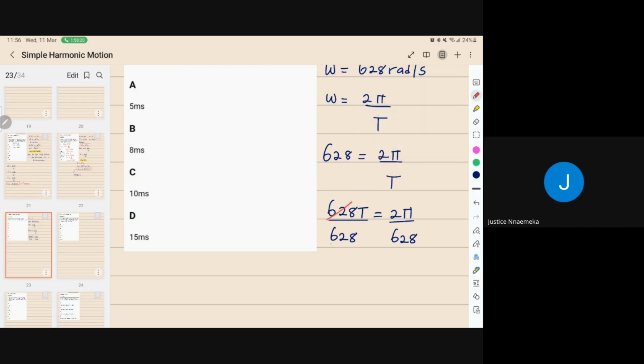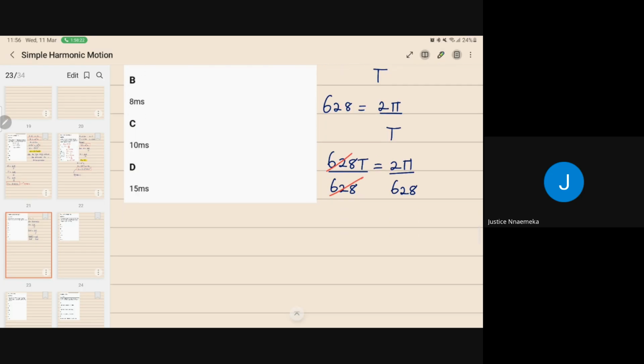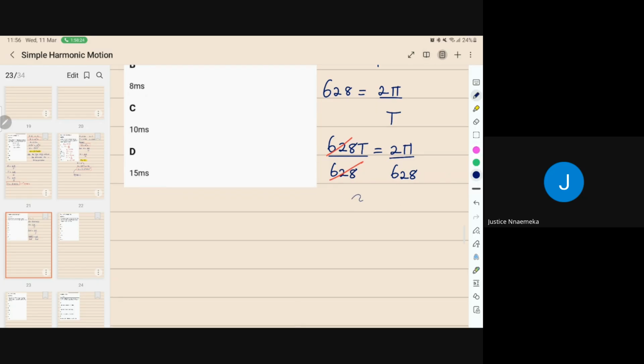T is equal to, where's my calculator? 2 shift π divided by 628. That'll give me 0.01 seconds.